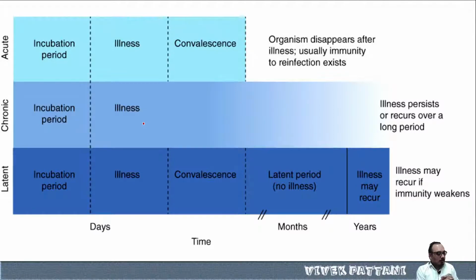Now comes the chronic infection, where the duration of the disease is very long. There will be an incubation period and also a prodromal period, but it is not shown in this graph.